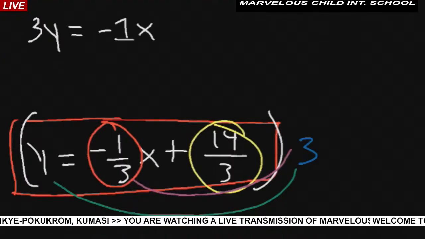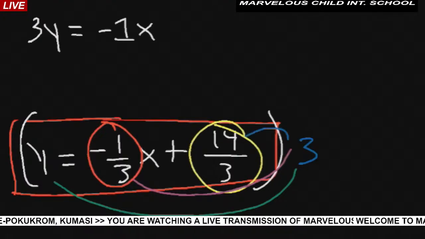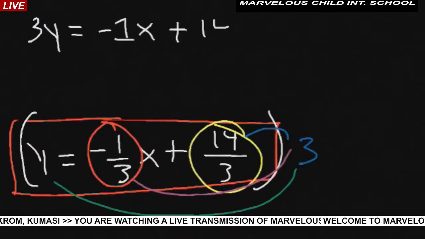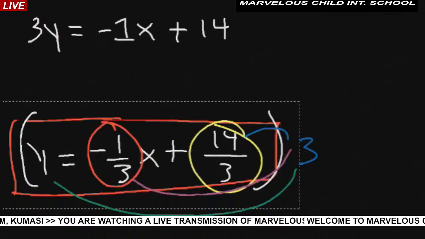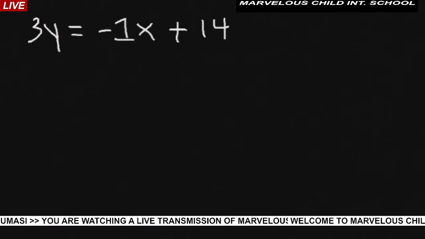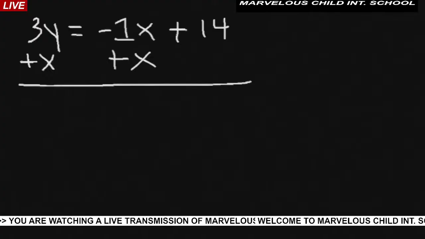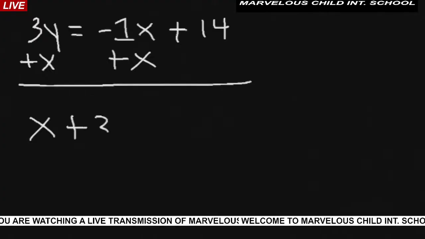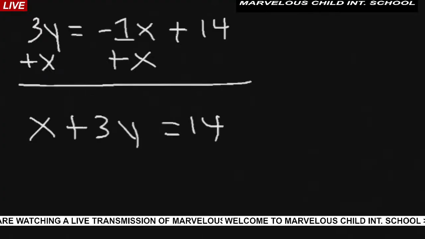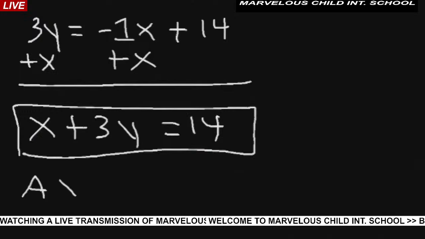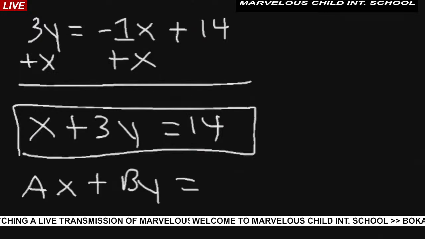And 3 times 14 over 3, the 3's cancel, so you just get 14. Now we need to move the x to the other side. So let's add x to both sides. The equation in standard form is going to be x plus 3y is equal to 14. So now it's in ax plus by equals c form.